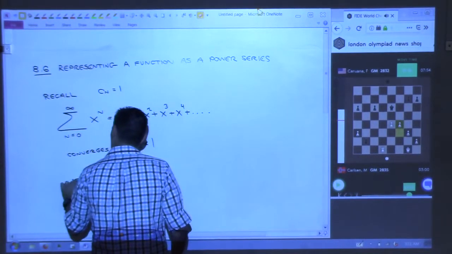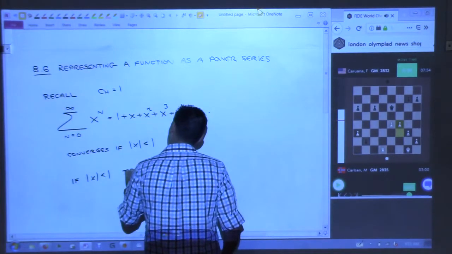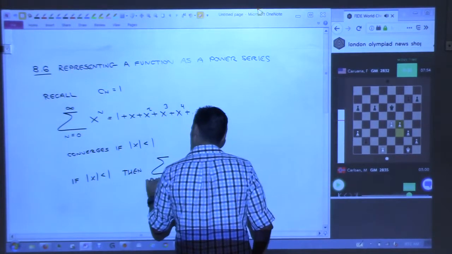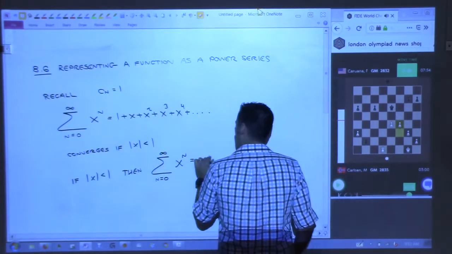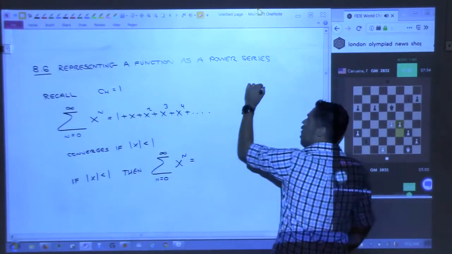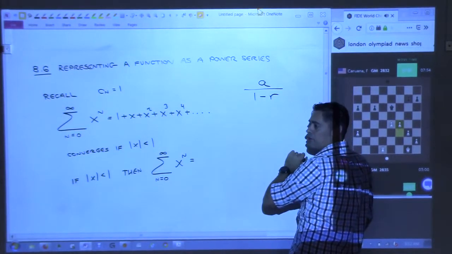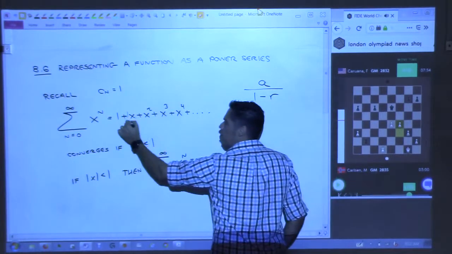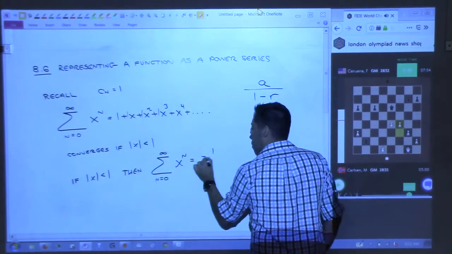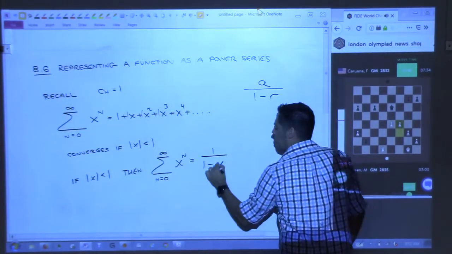If this is less than 1, then what does that series converge to? Remember, geometric converges to a over 1 minus r. Here for us, a is 1, all the numbers in front are 1, 1, 1. So it goes to 1 over 1 minus r, which for us is x.